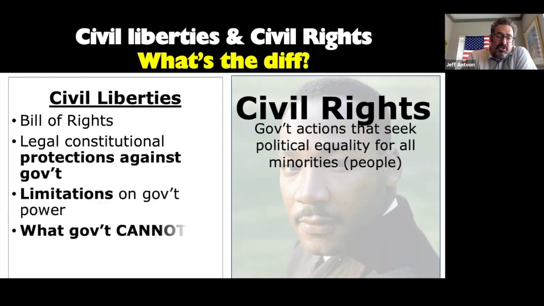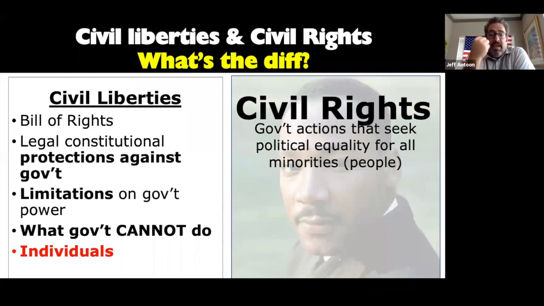These are limitations. It's what the government cannot do, and this applies to you, the individual, not the group of people yet. Civil rights, on the other hand, and you could see that MLK is the picture in the background, it's because he was the advocate, the lightning rod for the entire thing. He was the leader of the civil rights movement to gain equality for minorities out there, and that's what the government has to now do.